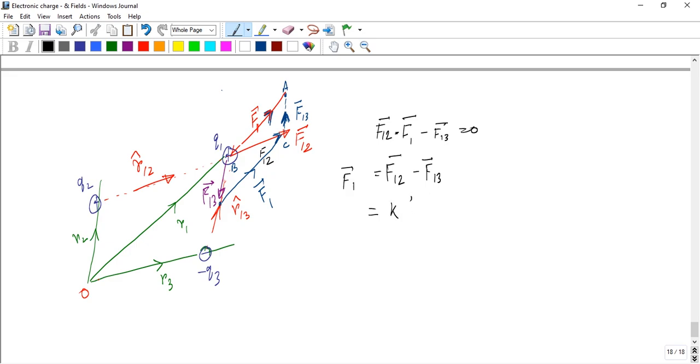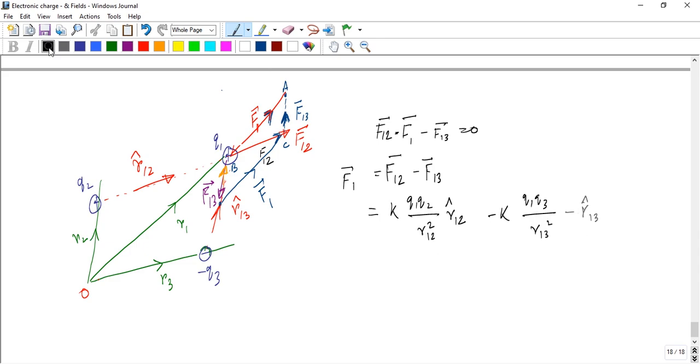F12 means K Q1 Q2 by R12 square, R12 cap, minus K Q1 Q3 by R13 square. Now what is the R13 cap? R13 cap is actually in that direction. Now the force direction changes, 180 degrees opposite, so that is minus of R13 cap.